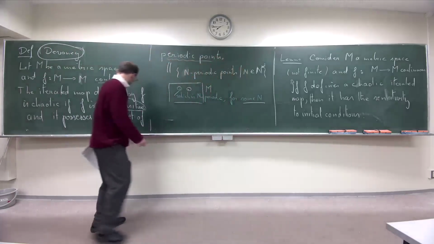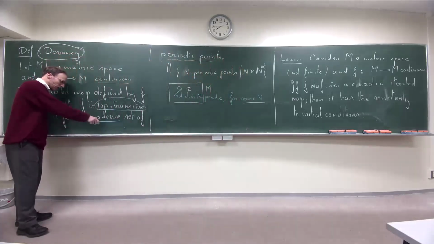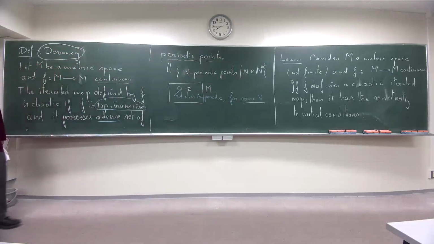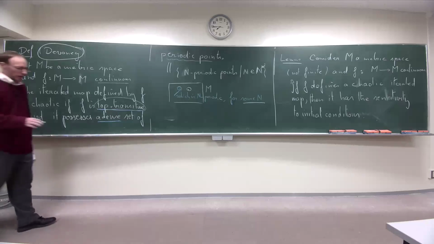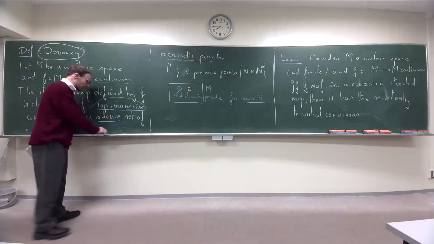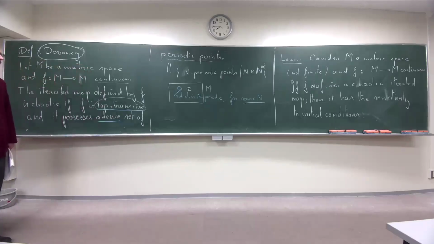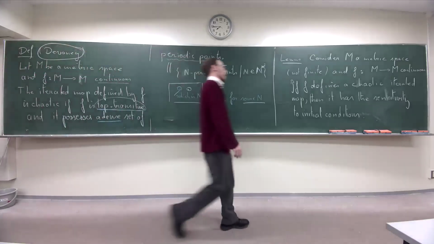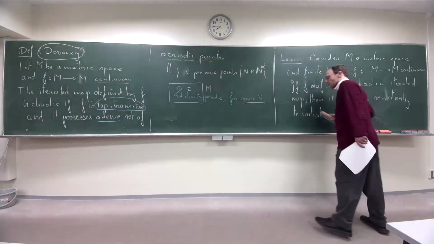I know this notion of dense periodic points does not exist in the continuous setting because you have orbits. So do you need to replace it by dense periodic orbits? I don't know, but okay. We discuss for now only the discrete time setting, but they can be adapted to continuous.